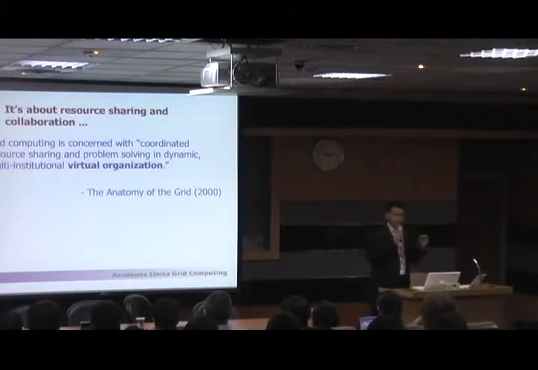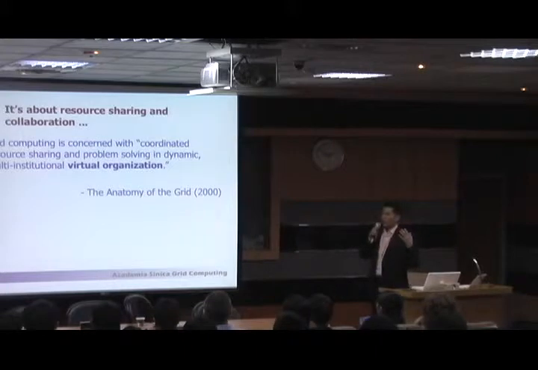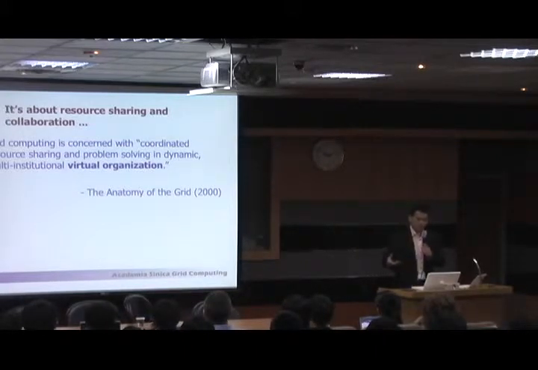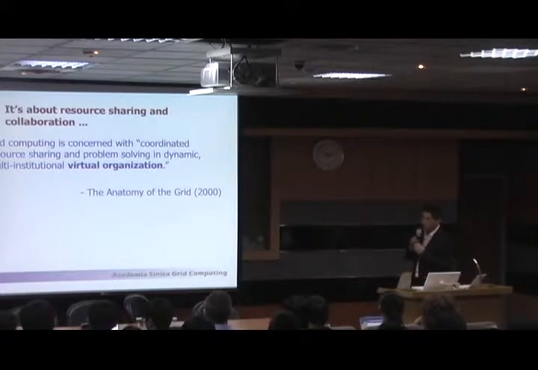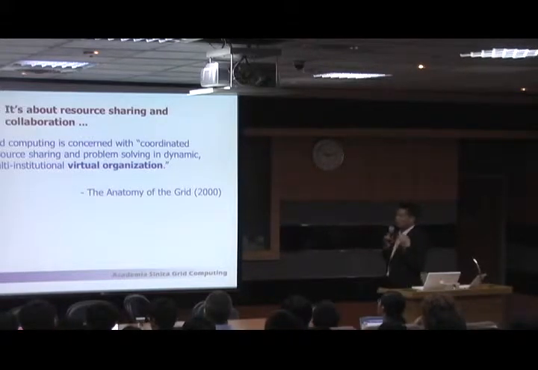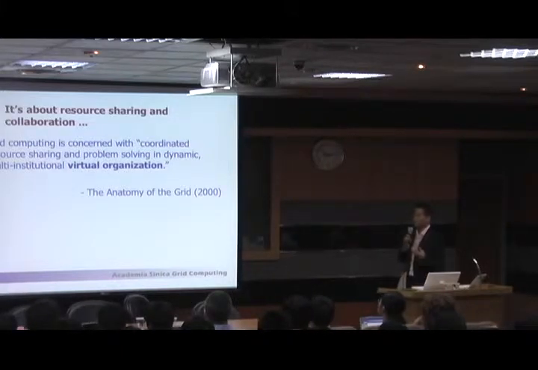This is because in the grid, the users come from different use cases and application domains, and the resource providers can also be heterogeneous, with different policies for managing their resources. It could be a computing center, or a desktop like the one you are using. So how to efficiently use and share these resources is based on the concept called virtual organization.